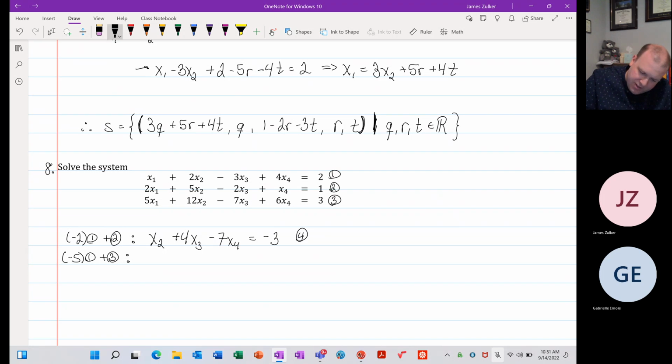So negative 10 plus 12, 2x2. 15 minus 7, so plus 8x3. Negative 20 plus 6, so minus 14x4. Then we get negative 10 plus 3, negative 7.